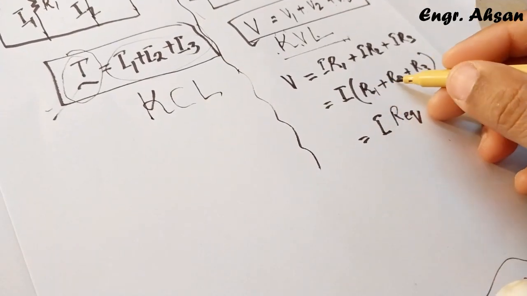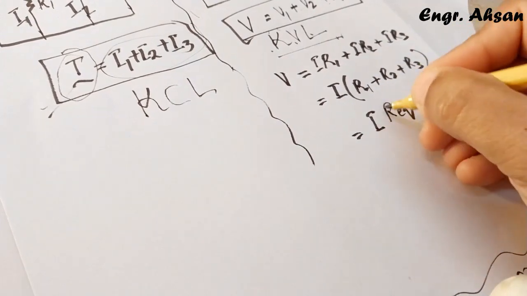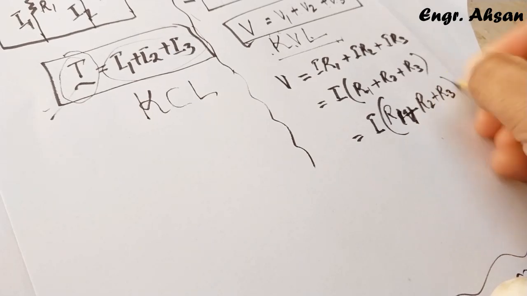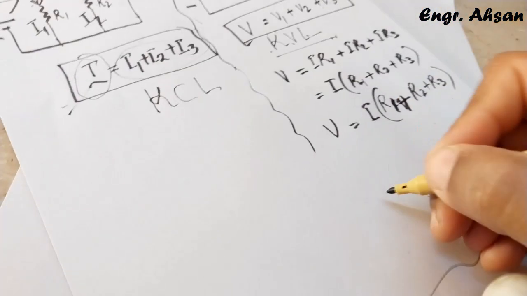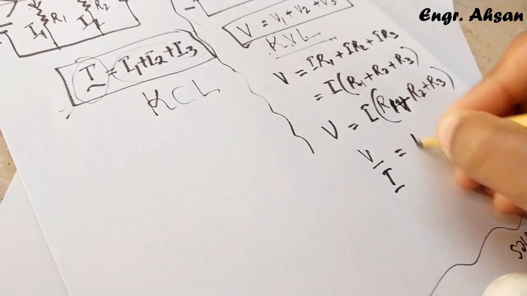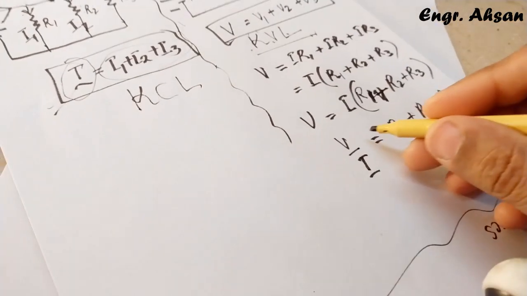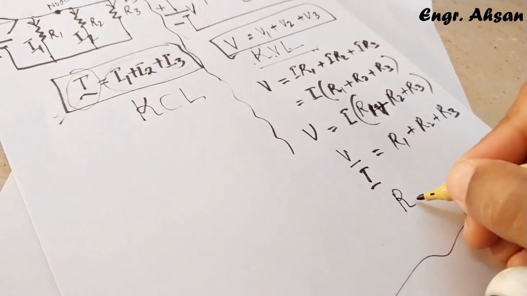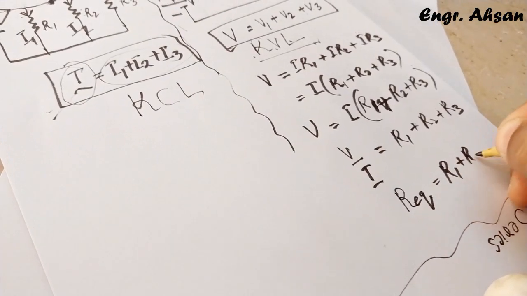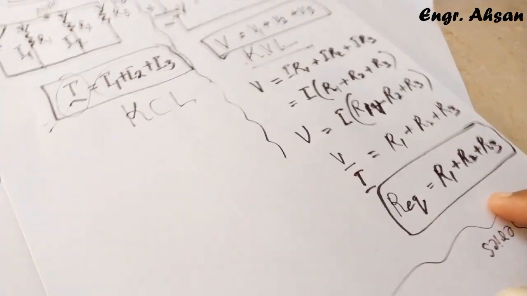We are writing R1 plus R2 plus R3, and this I goes down to the other side. V over I is R1 plus R2 plus R3, and this V over I is the total R, that is R equivalent. So R1 plus R2 plus R3 is the equivalent resistance.